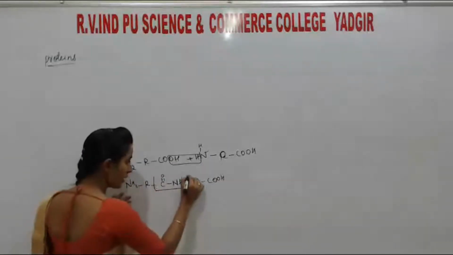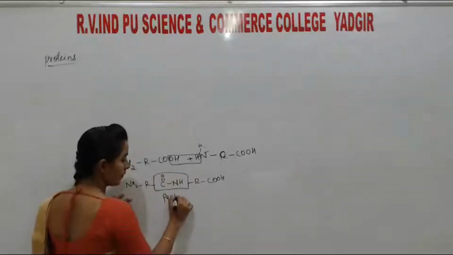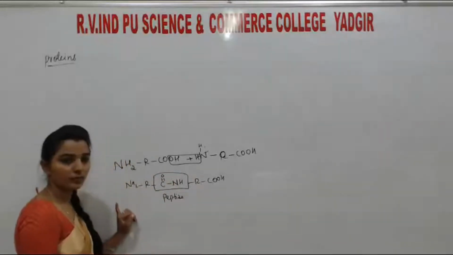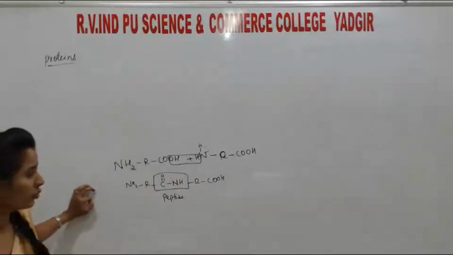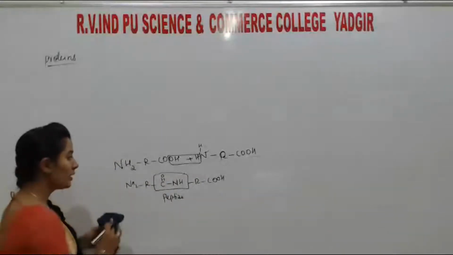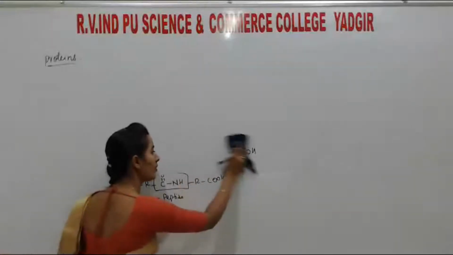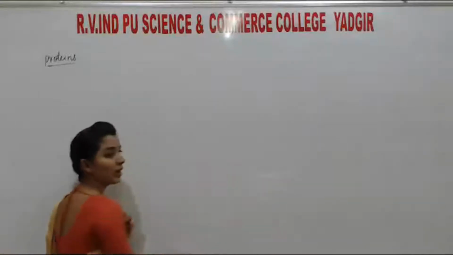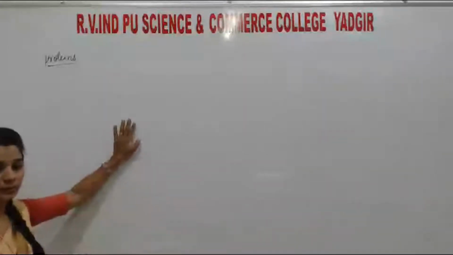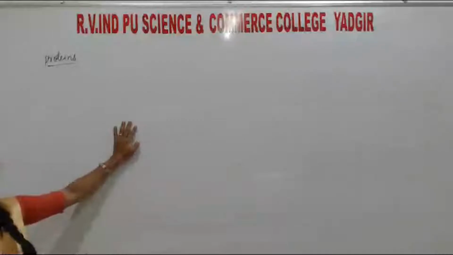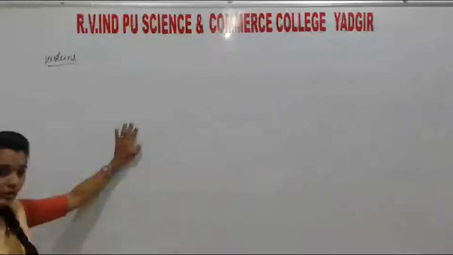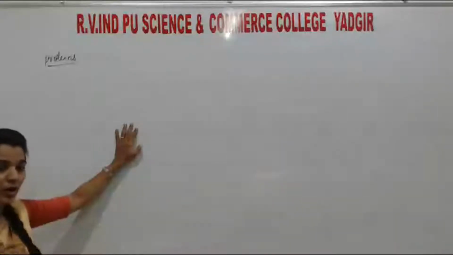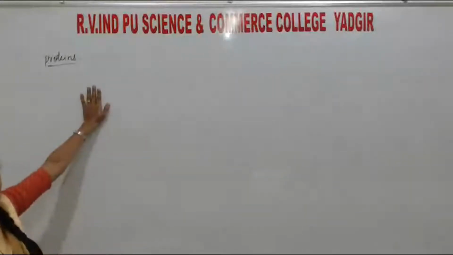So the CONH group is called the peptide group. Means a large number of amino acids are continually forming peptide bonds. Okay, so those are called what? Proteins. Long chain amino acids, or long chain polypeptide bonds of amino acids, are called proteins.